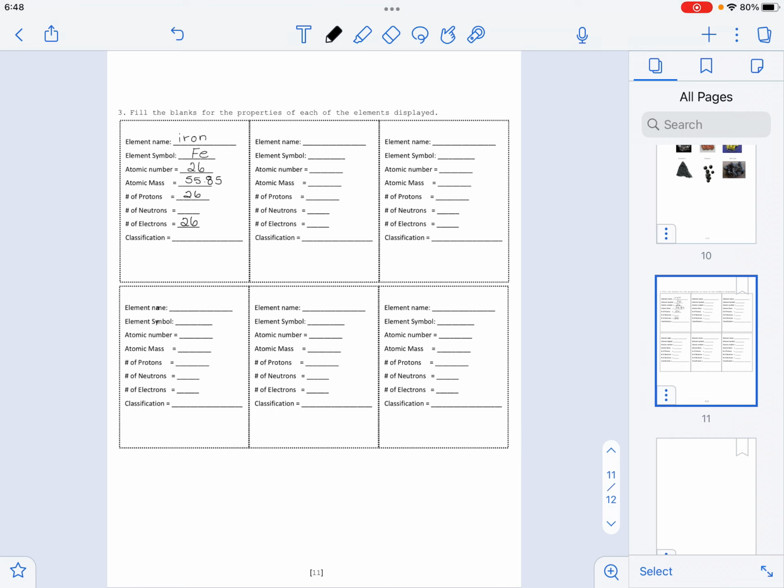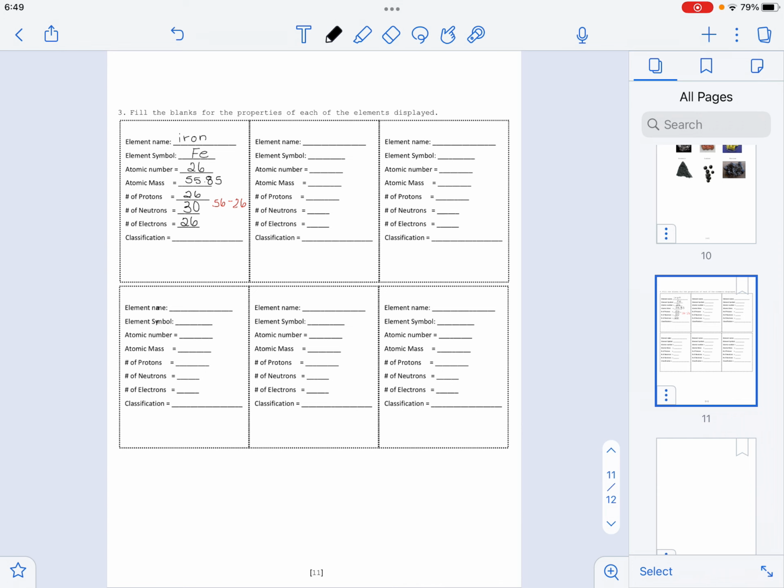Now, when I need to find the neutrons, I need to take that atomic mass and round it to a whole number. That means that is 56. I'm going to subtract the atomic number, which is 26. That means that the number of neutrons for my iron is going to be 30.